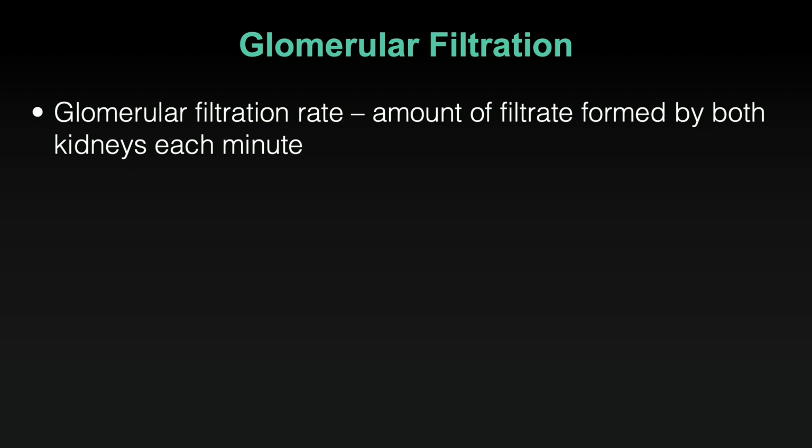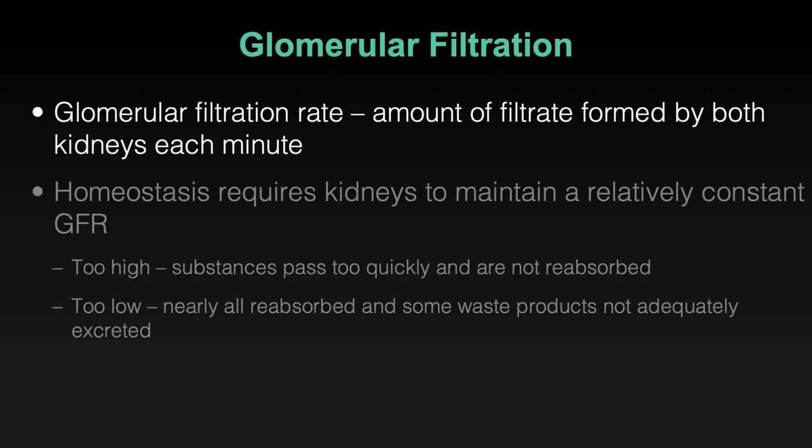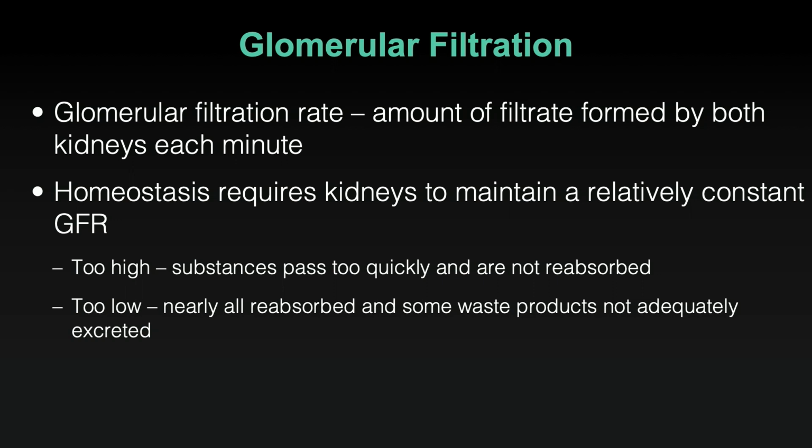And filtration rate would be the amount of fluid in all the nephrons in both kidneys being filtered out of the blood per minute. The amount of filtrate formed by both kidneys and all the nephrons in all the kidneys per minute. And we need this value to stay relatively constant.